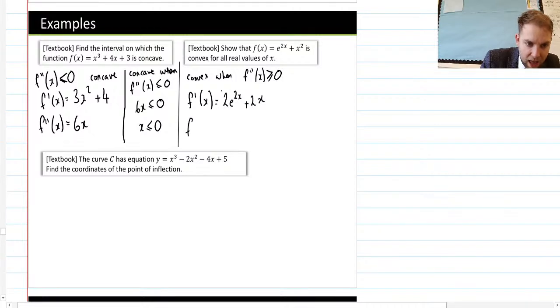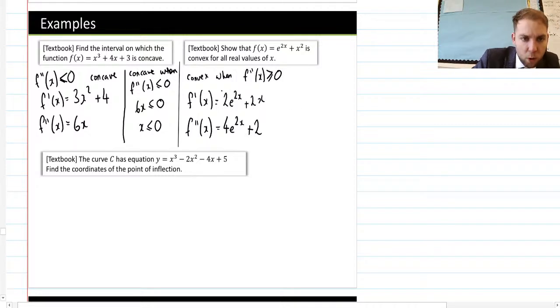Then f double dash of x is equal to, I need to differentiate this again. Again, e to the 2x is going to be e to the 2x, but then I've got to differentiate inside that and times by it. So it's going to be 4e to the 2x. If I differentiate this, it's going to be plus 2.